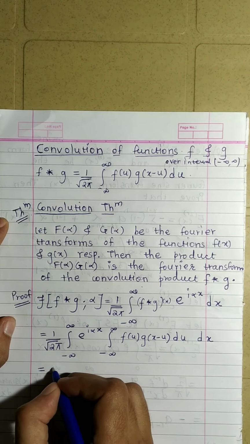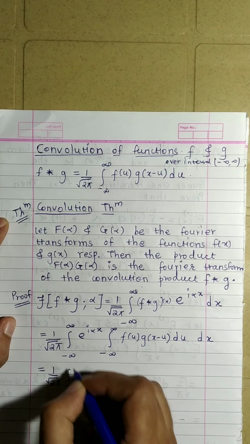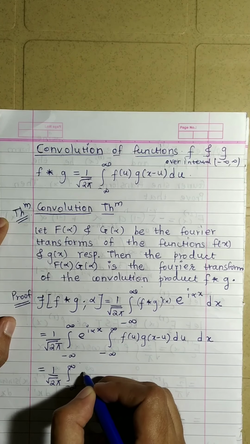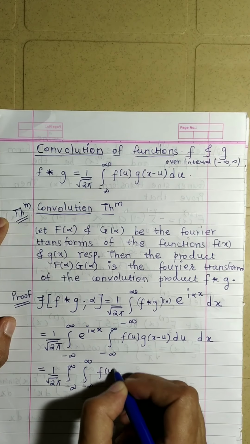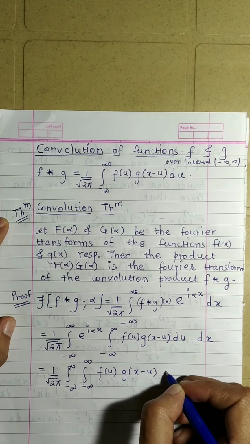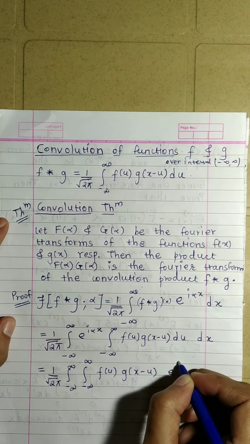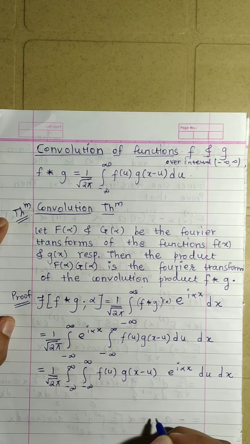Let us write it this way: integral of f of u g of x minus u into e raised to I alpha x du dx.